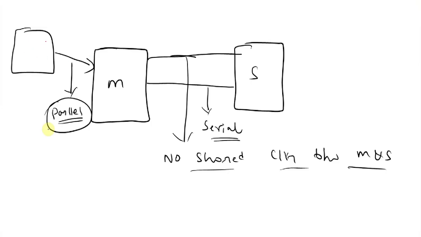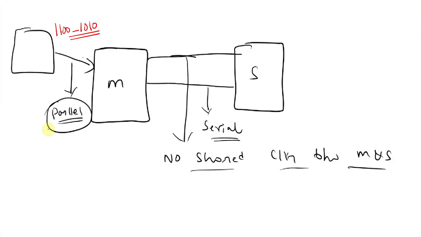Parallel communication means you send 8 bits of data at a time.